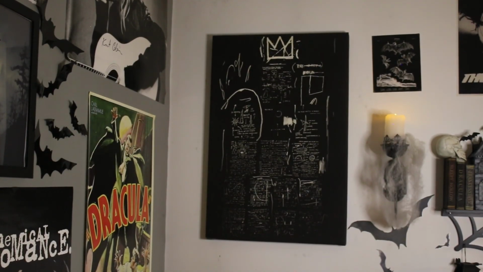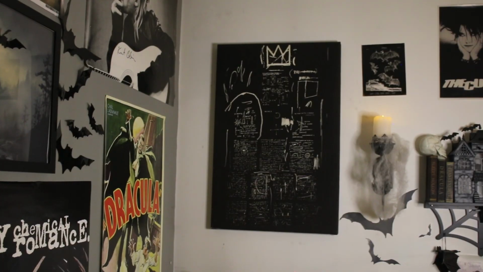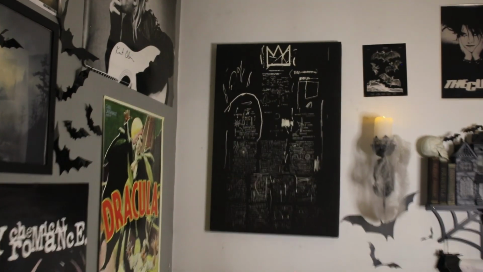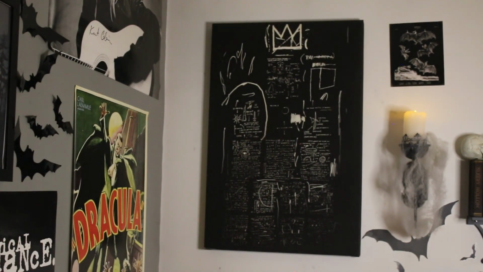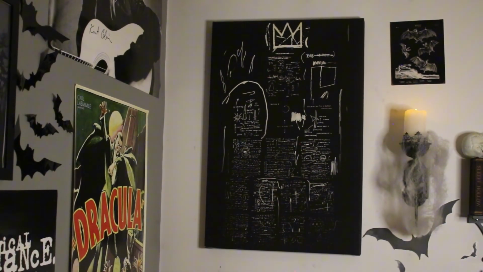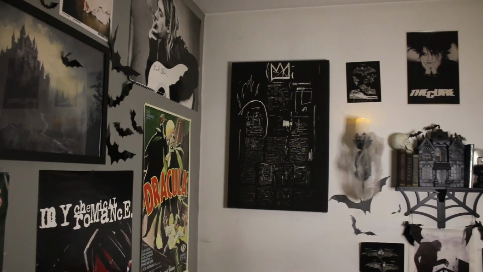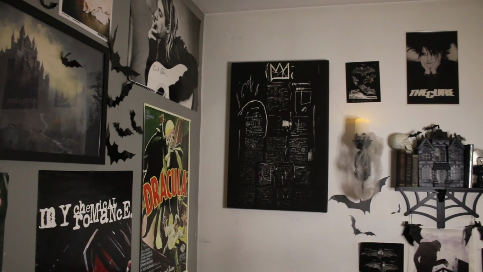Basquiat's crown is one of his most iconic symbols. Often he used it to anoint Black figures, heroes, athletes, musicians with a sense of majesty, reclaiming power in a world where they were often marginalized. The crown elevates them to royalty, dignity, and significance. The scattered words and diagrams are like a stream of consciousness, sometimes referencing scientific knowledge, anatomy, or history.